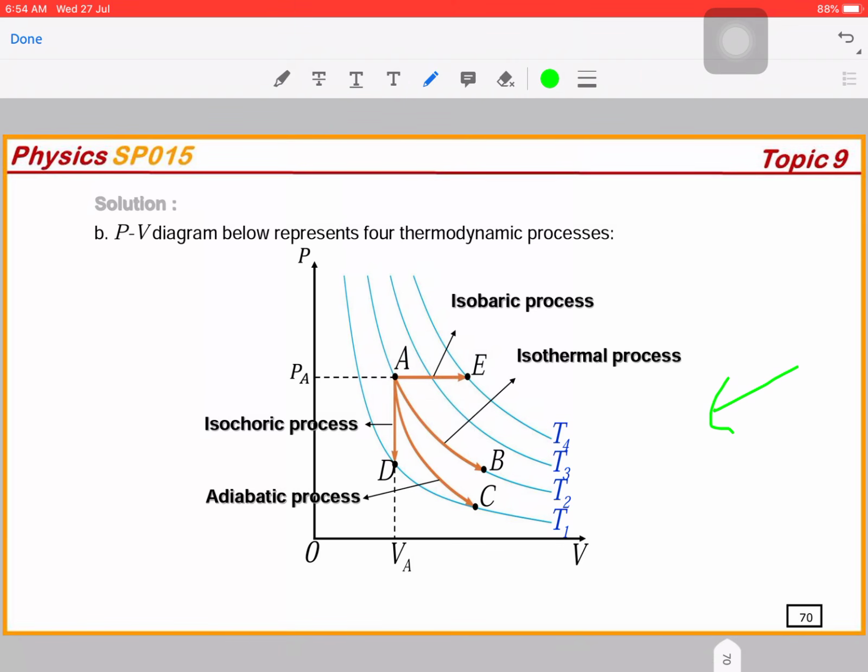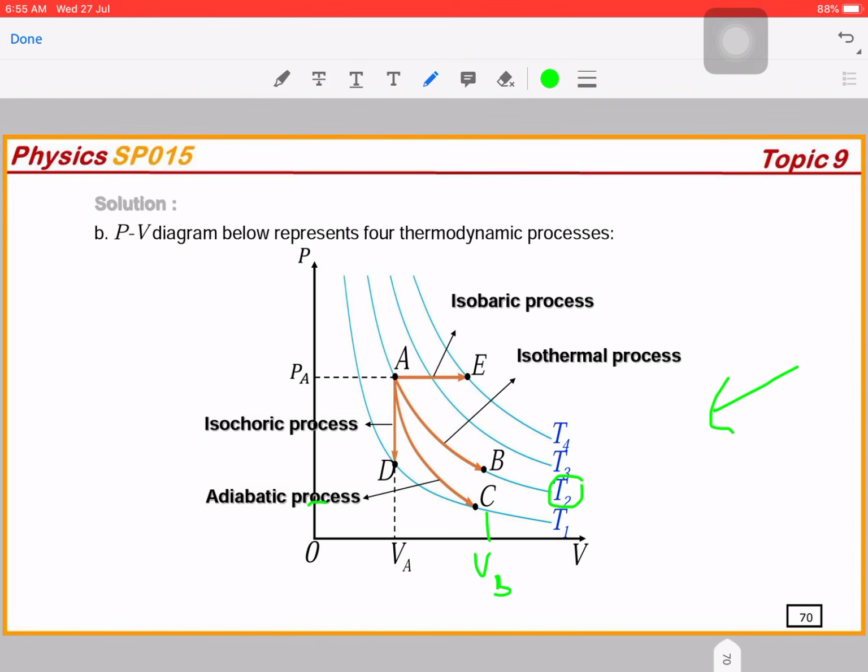So you can see, A to B, there is no change in temperature. It stays at temperature T2 only. From A to C, everything changes. Temperature changes, from T2 to T1. Volume changes, from VA to VB. And pressure also changes, PA to PB.